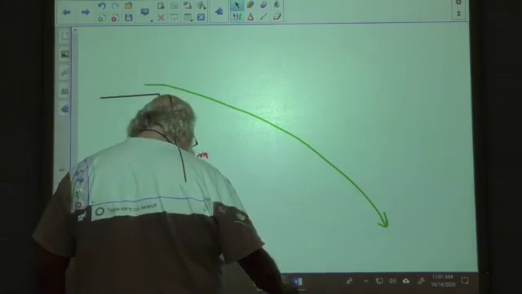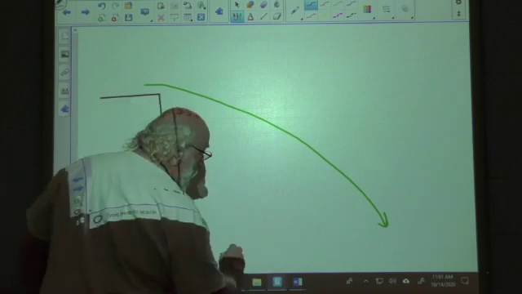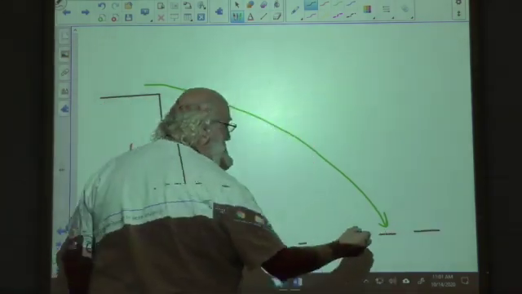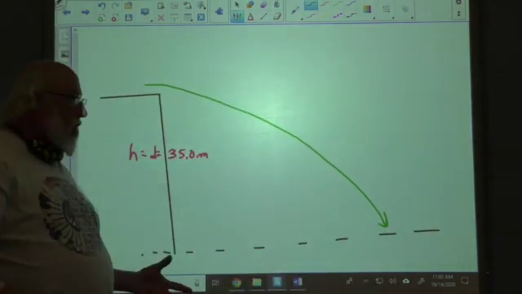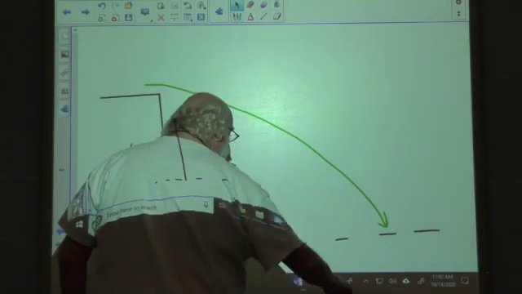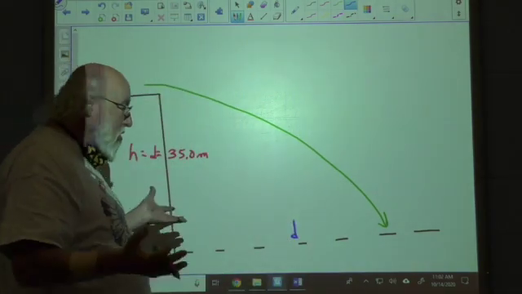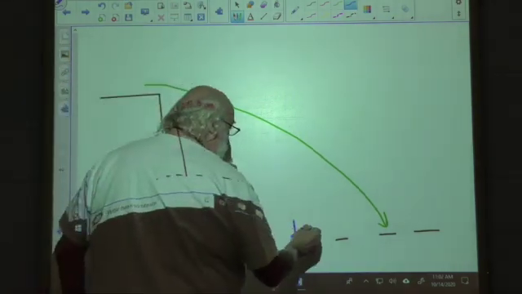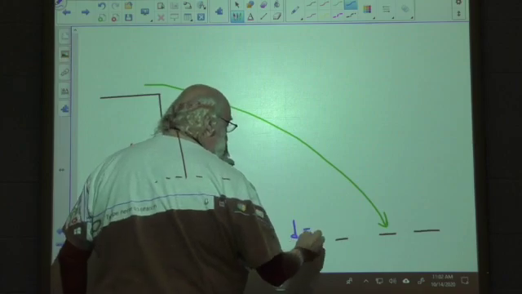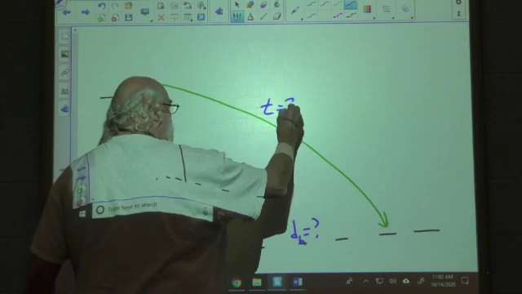And that parabola is going to describe the landing of the ball at a particular point, which we will identify as d for distance. This is height, which is a distance, but this is the horizontal distance that we're trying to solve for, and the amount of time it's going to take for it to drop.